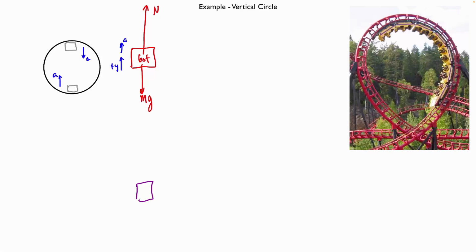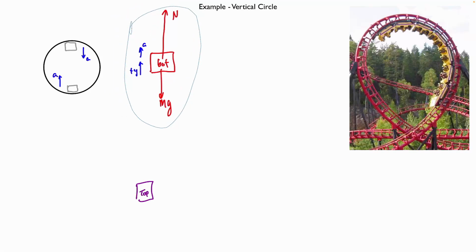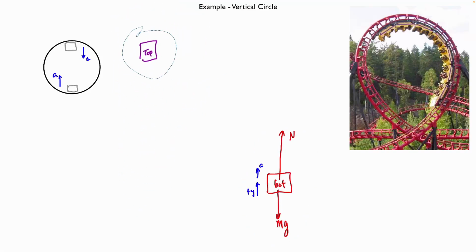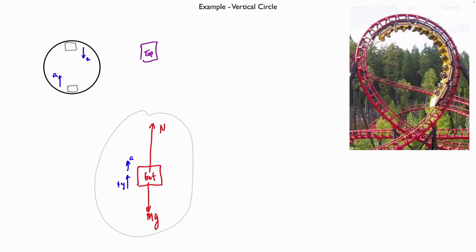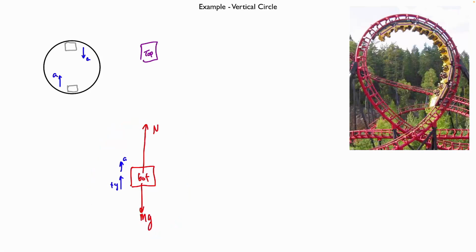Okay, so here at the top, I should have reversed those diagrams, shouldn't I? You're going to hate me. I'm sorry if you got it backwards in your notes and you're doing it on paper. But this will make more sense in the end.